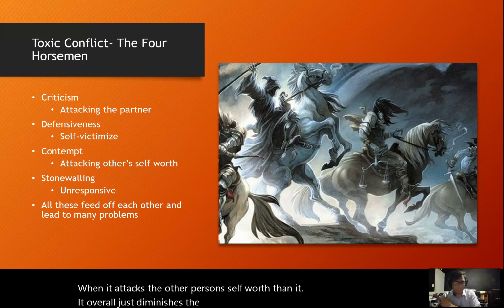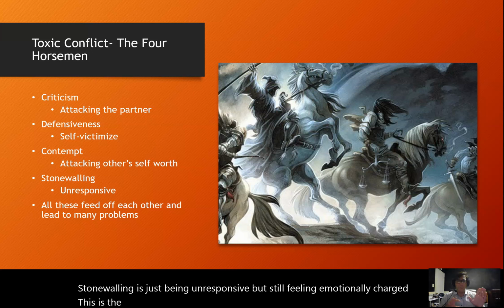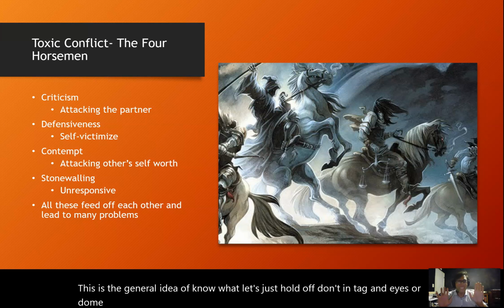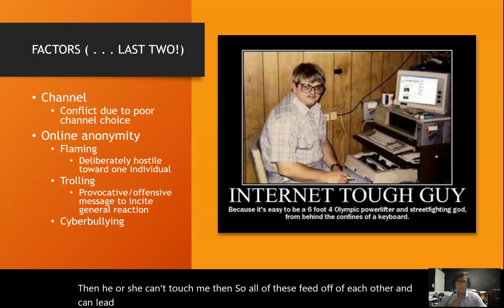And then lastly, we have stonewalling. Stonewalling is just being unresponsive, but still feeling emotionally charged. This is the general idea of, you know what, let's just hold off. Don't antagonize him or her. You know what? American Idol's going to be on soon. At that point, then he or she can't touch me. So all of these feed off of each other and can lead to many problems.